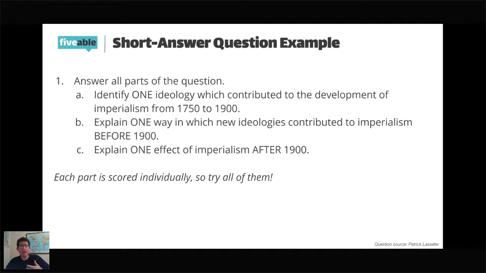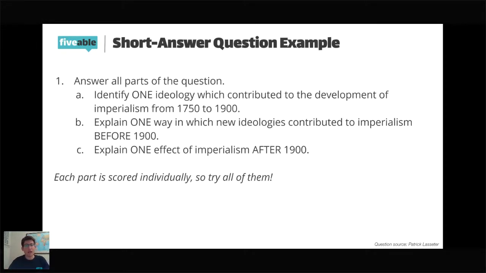It might be missionary ideology, Christian missionary ideology. All you would have to do is say social Darwinism contributed to the development of imperialism. You might define social Darwinism, but you don't have to explain that process, because that word identify is all you need to do. But for B and C, you're asked a little bit more.